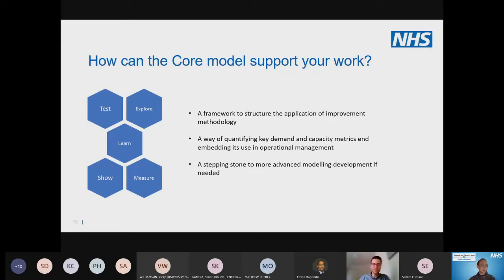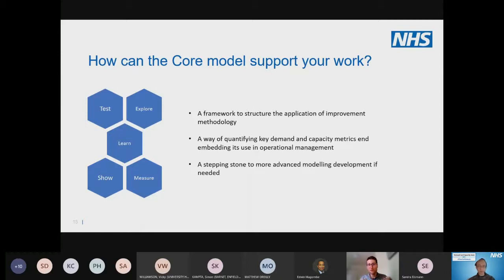Yeah, just very quickly. One of the benefits of this, as we've said, is not necessarily just creating the model itself, although that helps. For me, some of the best things have been understanding how you should measure demand, and it shouldn't be an average, and there are reasons why, and it shouldn't just be the total for the month or the total for the year, because you're never going to be able to sustainably plan at that point.